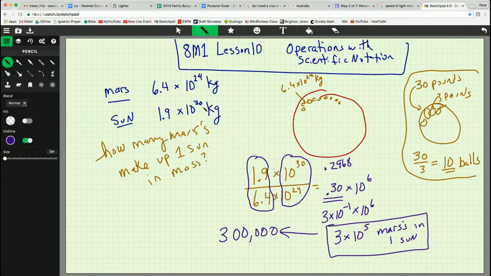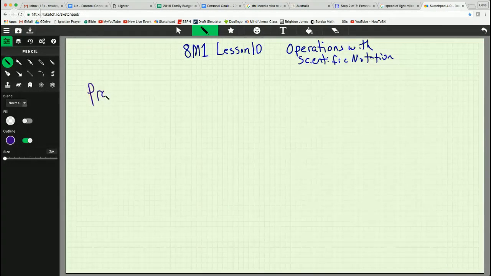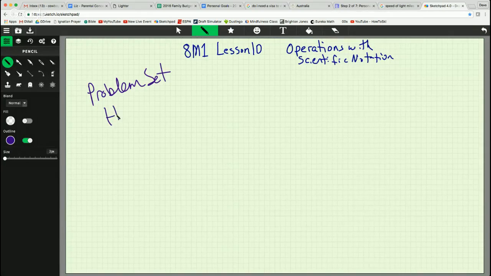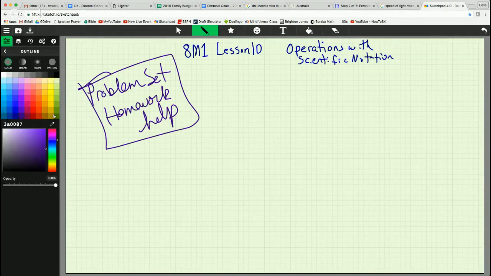Okay, final problem. We're going to do a question that will help you perhaps with problem set help or homework help. It's in green. So here's the question.